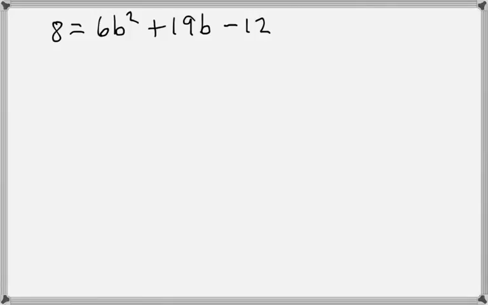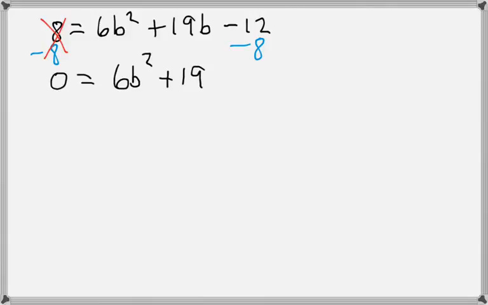So now from here, we can go ahead and subtract the 8 from both sides. 8 minus 8 gives us 0. So we have 0 is equal to 6b squared plus 19b and minus 20.